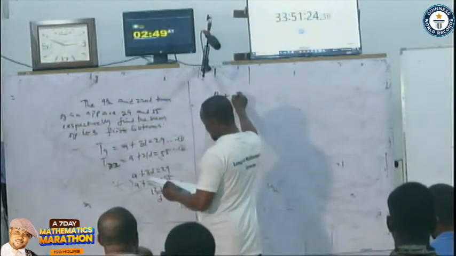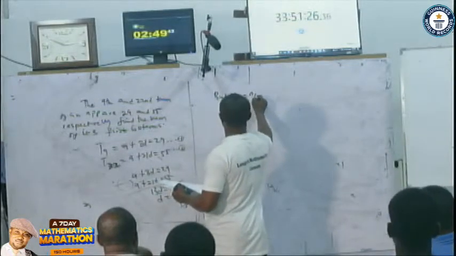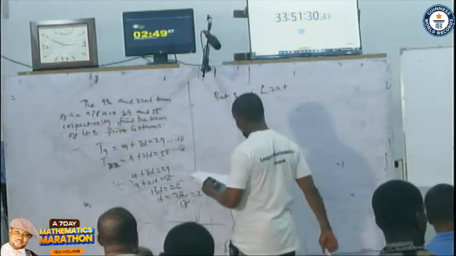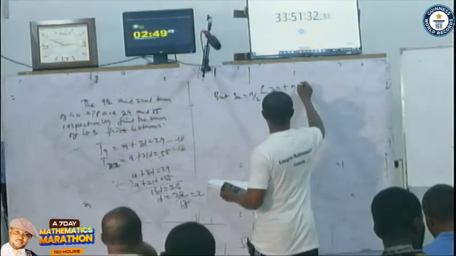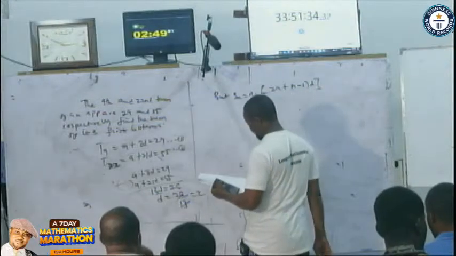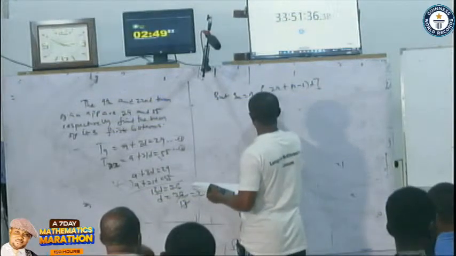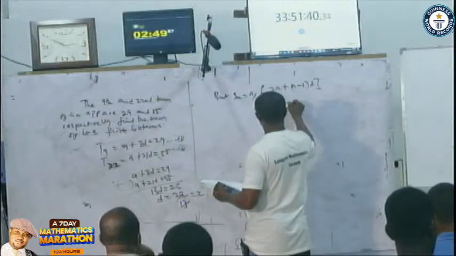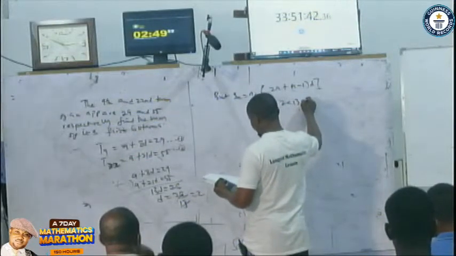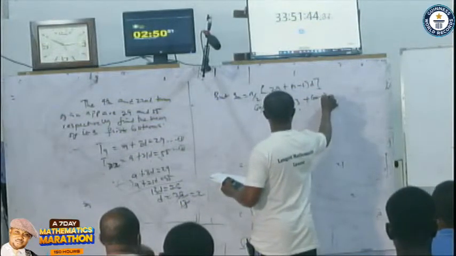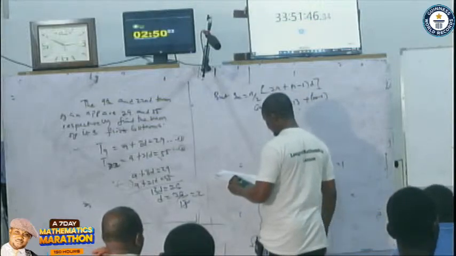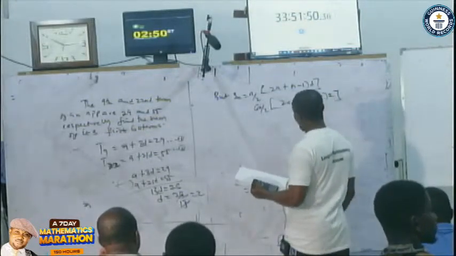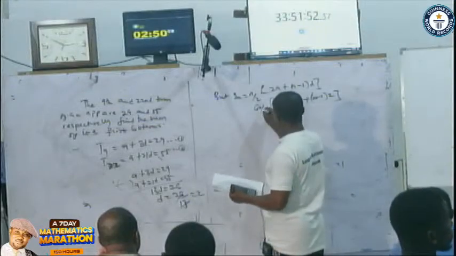But you should know that Sn equals n over 2 times (2a plus (n minus 1) D). So if you now multiply that, this cancels out, there's 30.